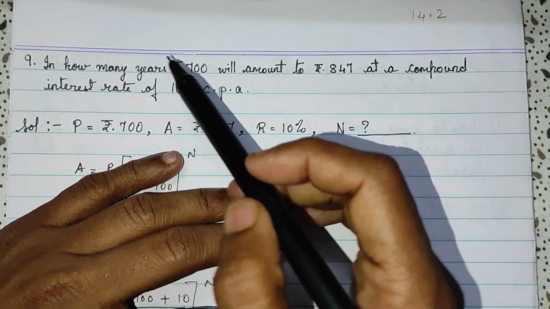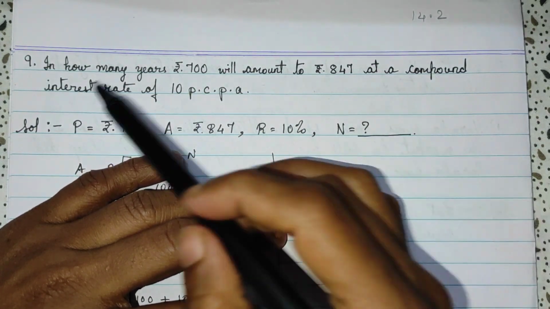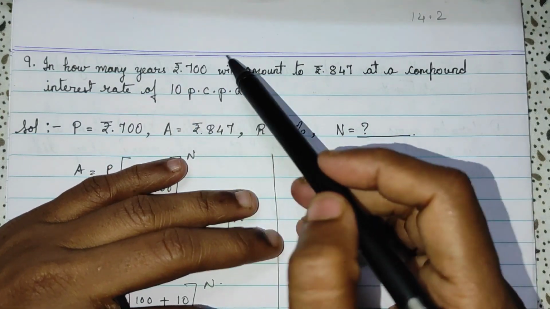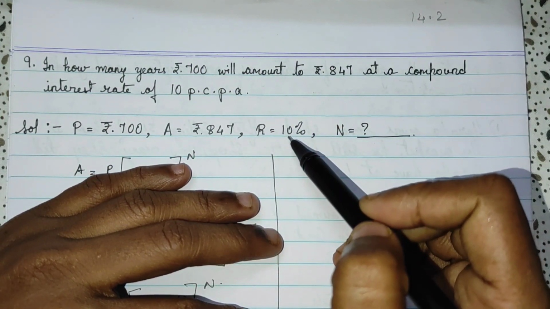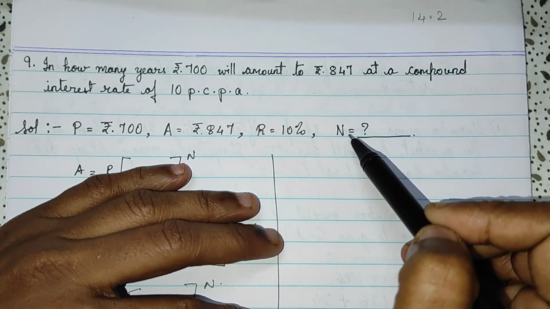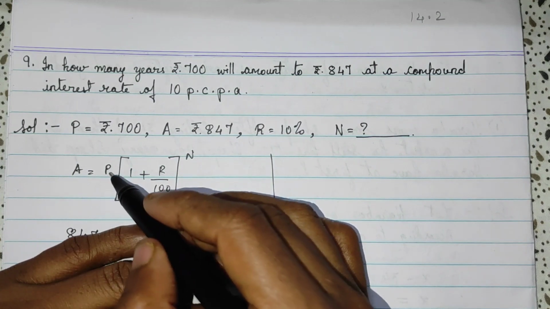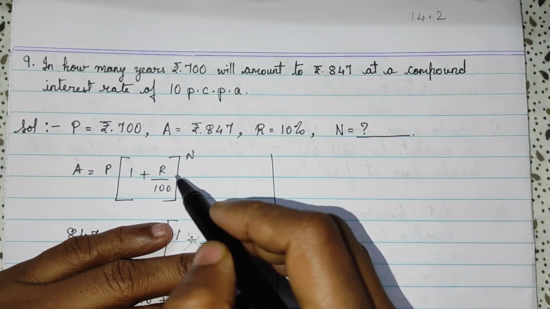In how many years will rupees 700 amount to this much at a compound interest rate of 10% per annum? So here we have the principal, we also have the amount, and we also have the rate of interest. Here we have to find out n, the number of years. So our formula is what? Amount is equal to principal into (1 plus r upon 100) raised to n.